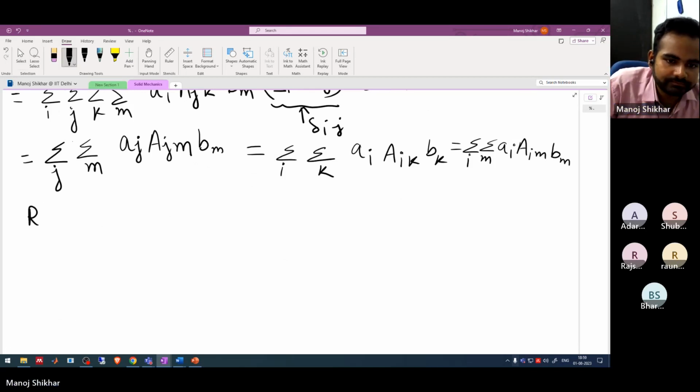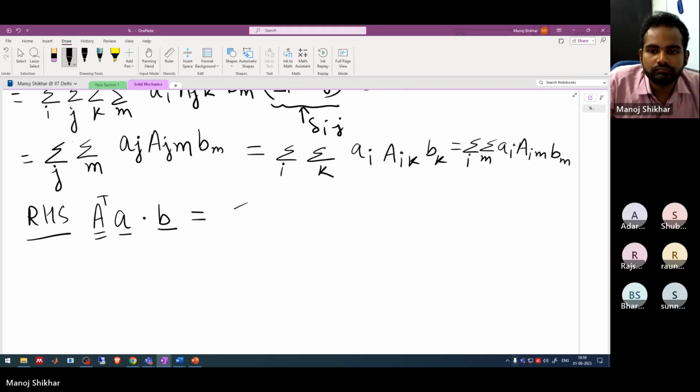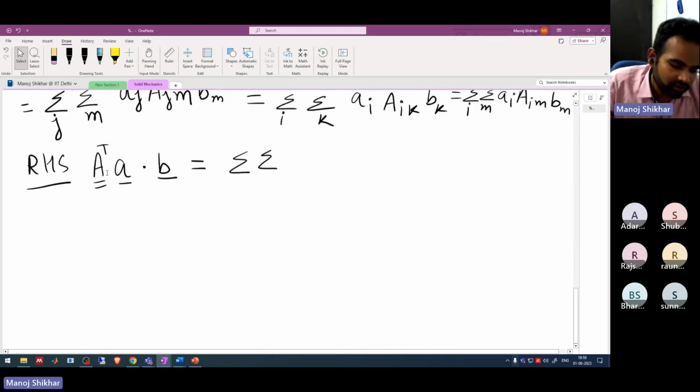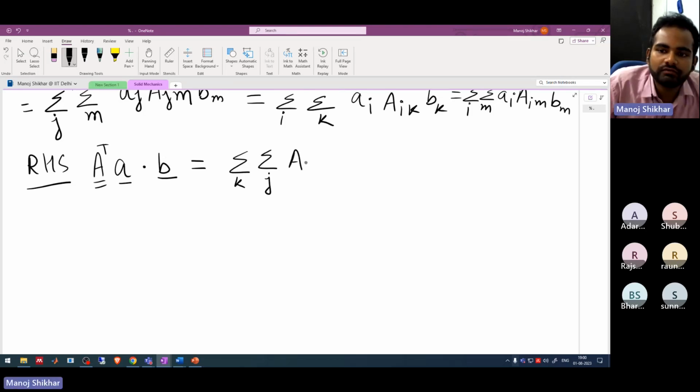Now RHS. So here it is A transpose, and here it was A directly. So how do you write a transpose? Can anybody tell me how you write a transpose?